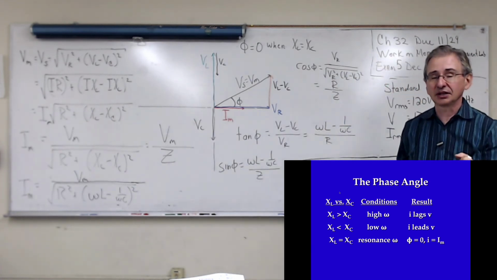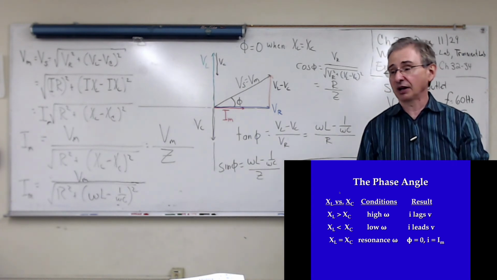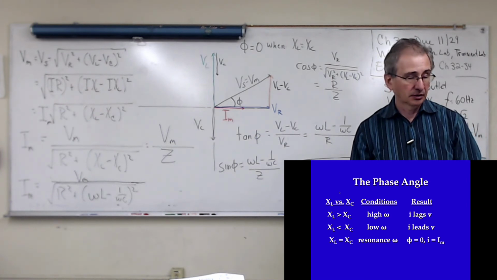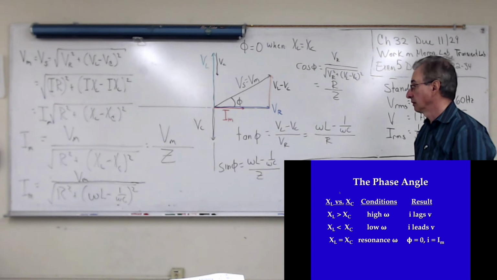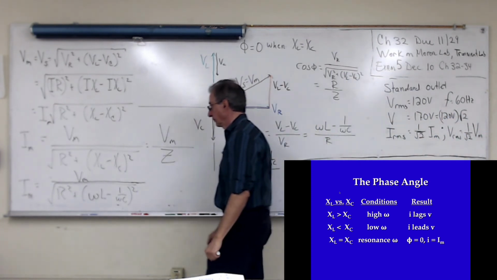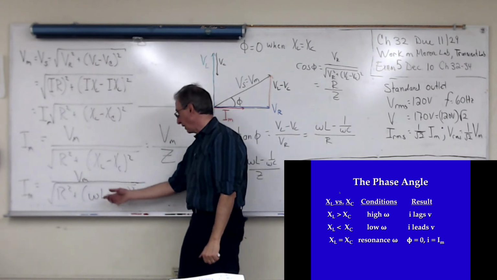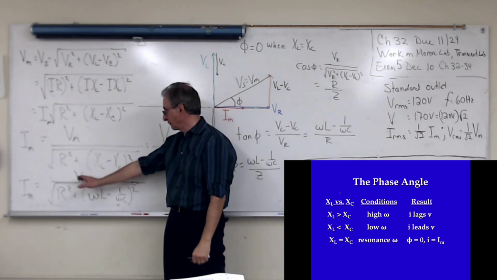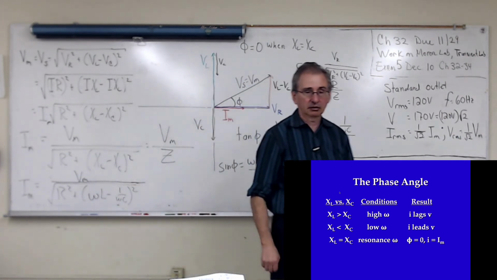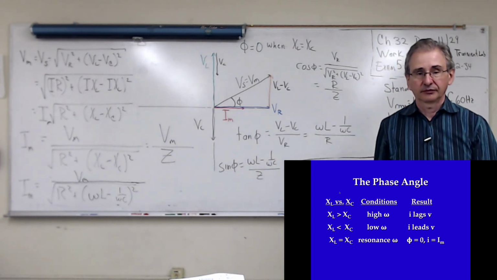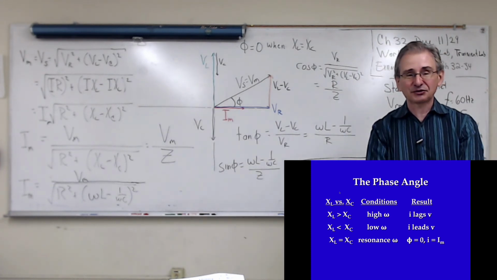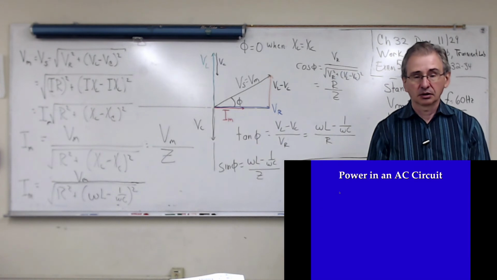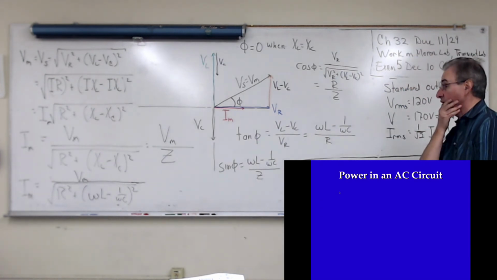We call that resonance because you get maximum energy transfer to the resistor. Basically, when these two are equal, this guy disappears, and your current is the voltage divided by the resistance. That's it. It acts as if you have a purely resistive circuit when you're at resonance. Okay?